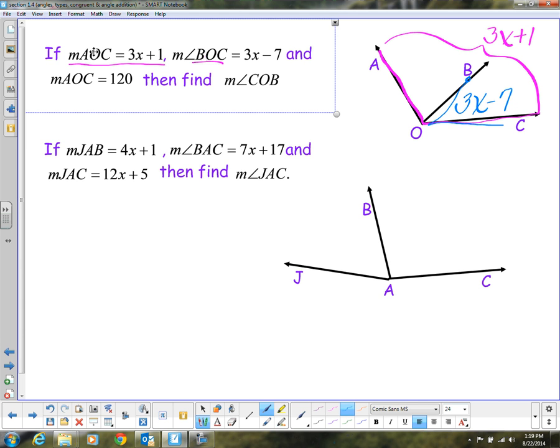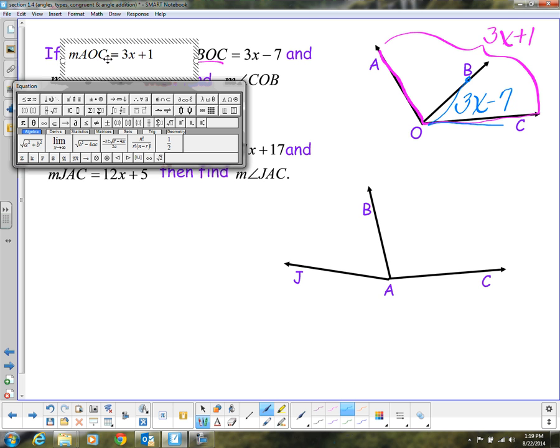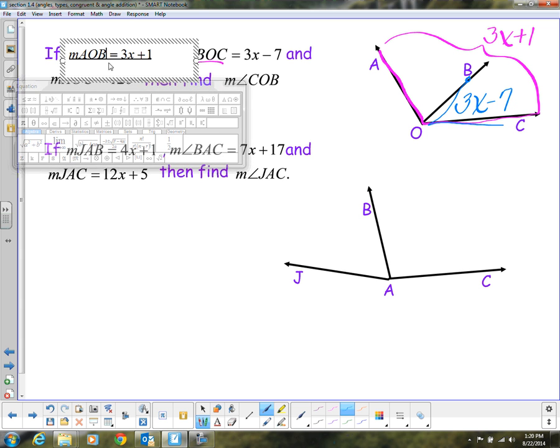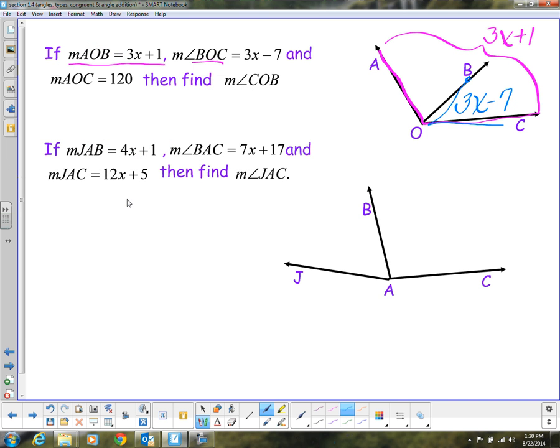So what I'm going to do is I'm going to fix this problem. So we're going to say AOB is 3x plus 1. So now I just changed that. So what I'm going to do is I'm going to erase all of this.